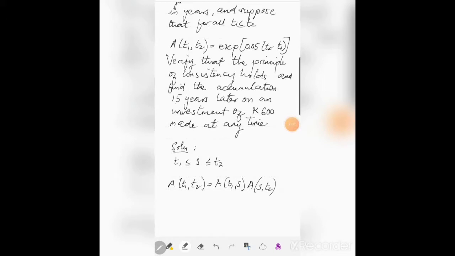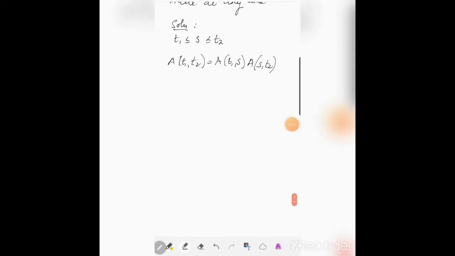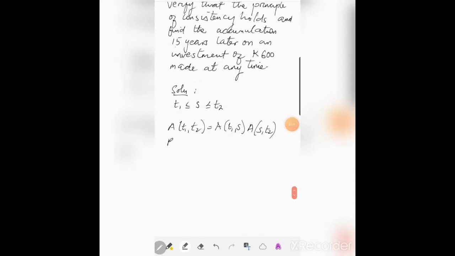So the right hand side, the RHS, under it we have the exponent.